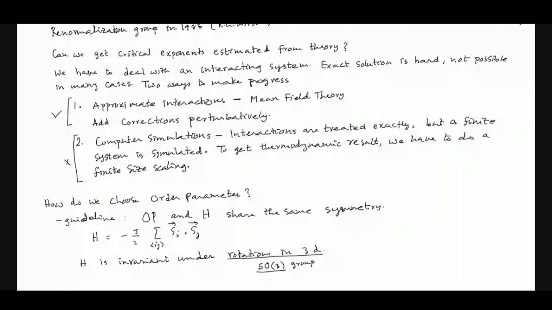Now what I want to emphasize here is when you define your order parameter, as in the magnetic situation, our order parameter is the magnetization. In the high temperature, paramagnetic phase, magnetization is zero.